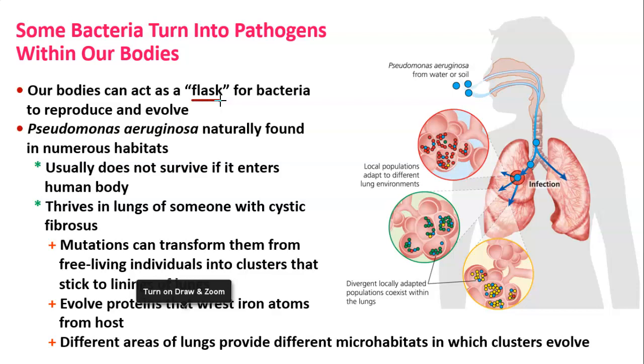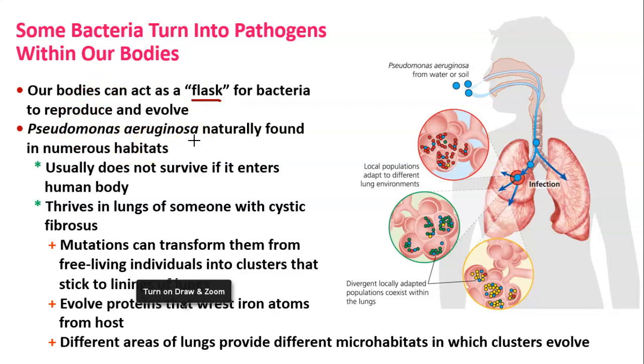And it's remarkable what kind of evolution happens in those contained environments. So our bodies are a contained environment, sort of a flask, sort of a petri dish for bacteria to reproduce and evolve. Case in point, Pseudomonas aeruginosa.